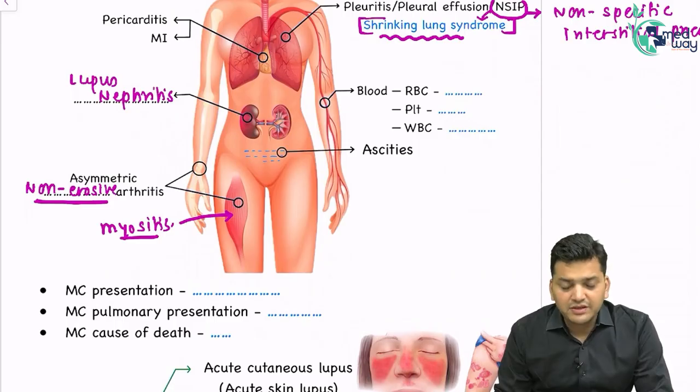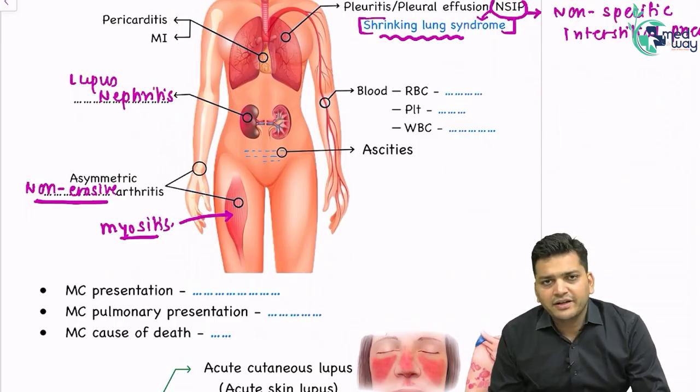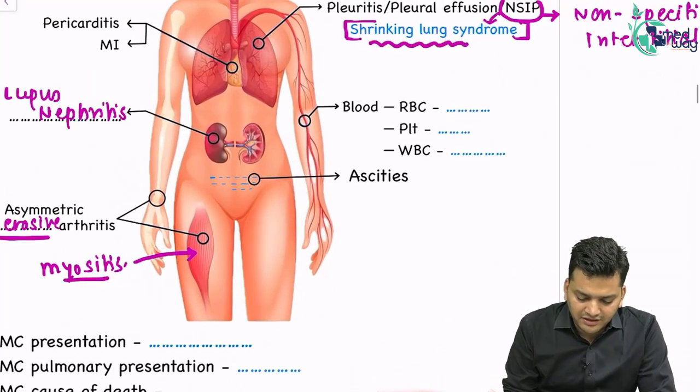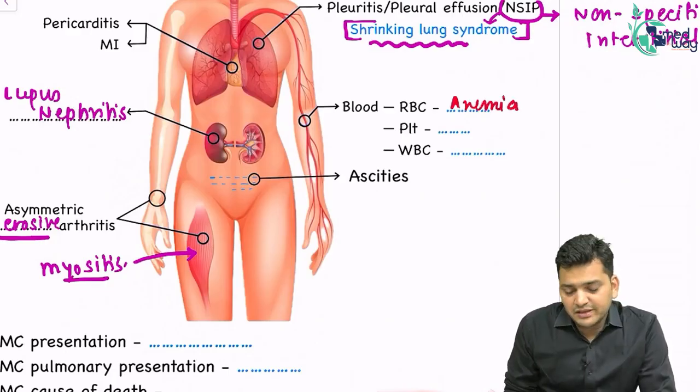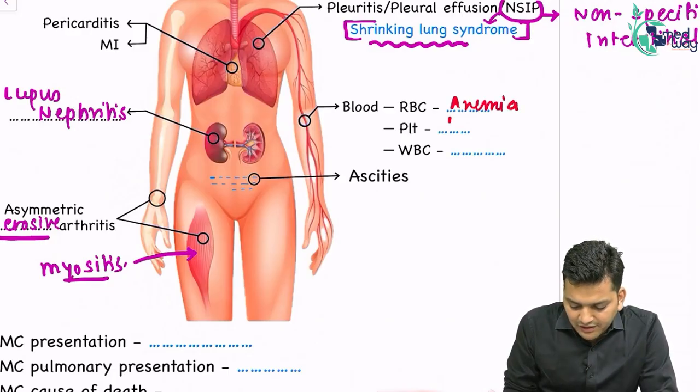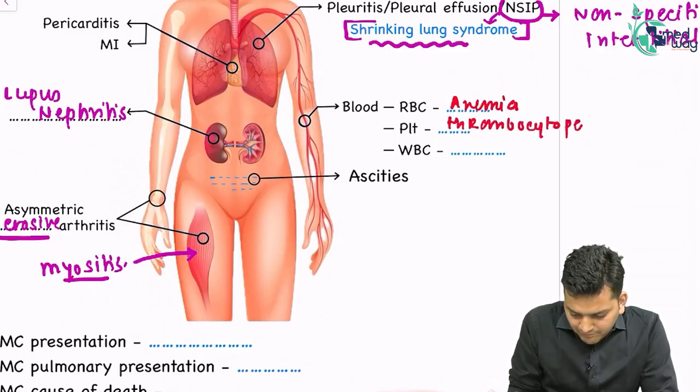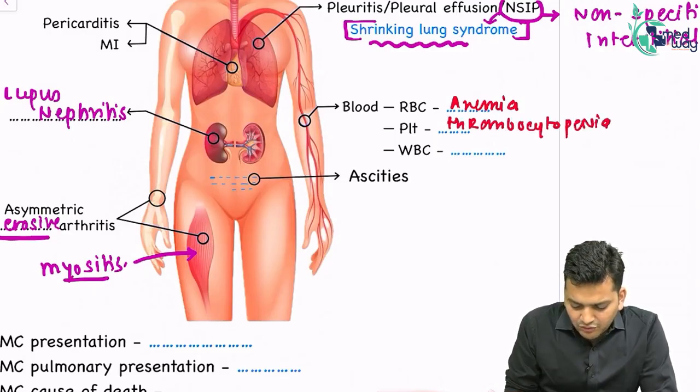Plus, as we have discussed, these antibodies can directly attack the cells, and if the RBCs are attacked, the patient will develop anemia. If the platelets are attacked, the patient will have a decrease in platelet number, that is thrombocytopenia. And there will be a decrease in the number of neutrophils also, that is neutropenia or leukopenia.